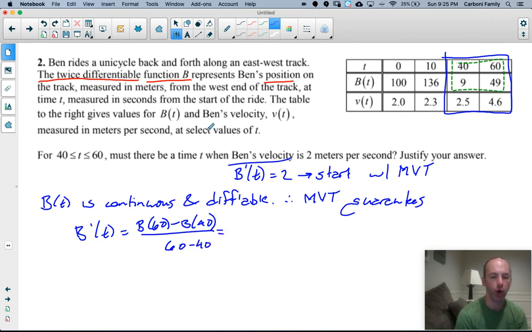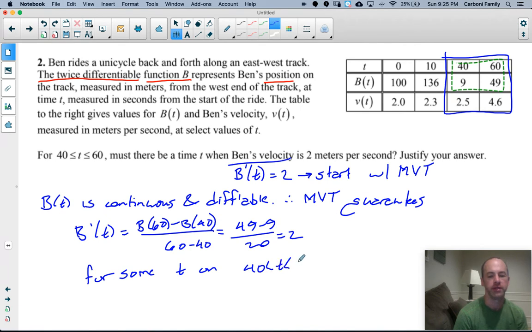And we're going to hope that we get 2, and in this case we will, because we have 49 minus 9 over 20, and that does clean up to 2. And that will be for some t. I completely misspelled some. For some t on the interval 40 to 60. So there is a mean value theorem question from an old AP exam.